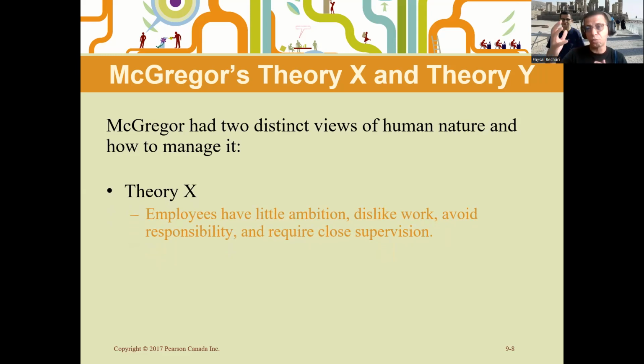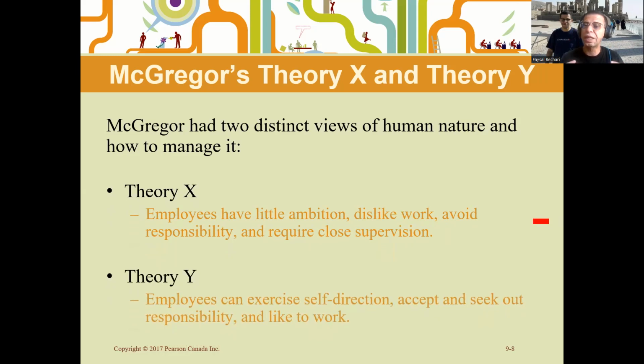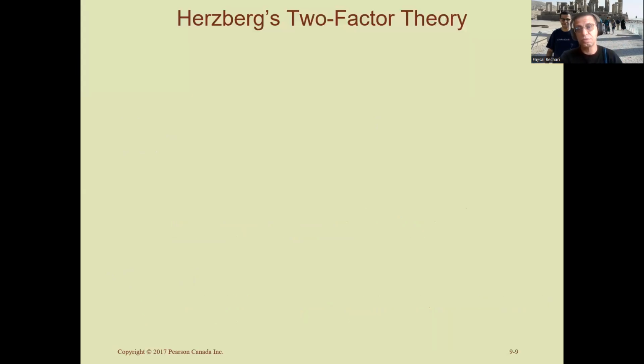This is one approach by management toward employees, utilizing theory X. The other type utilizes theory Y, where employees can exercise self-direction, accept and seek out responsibility, and like to work. That's another management approach.